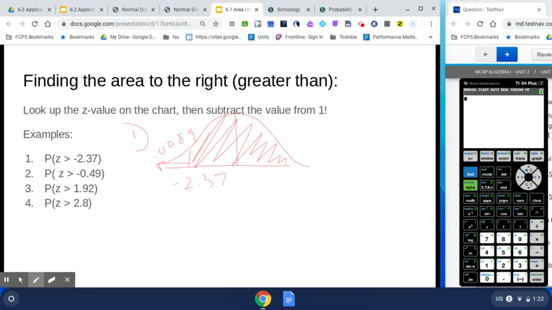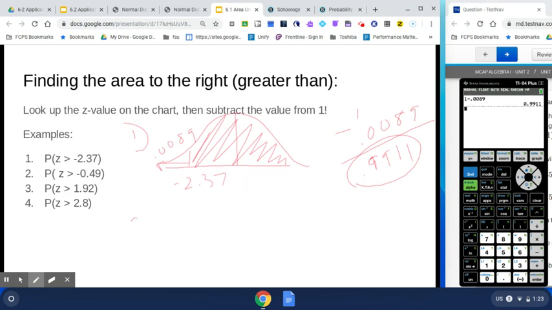So thinking about the normal curve, the area under the entire distribution is 1. So we're going to use complement rule to find the area that we do want. So we're going to take 1 and subtract off the area from the chart. So we're taking 1 minus 0.0089, and we get 0.9911. So that would be the area to the right of negative 2.37.